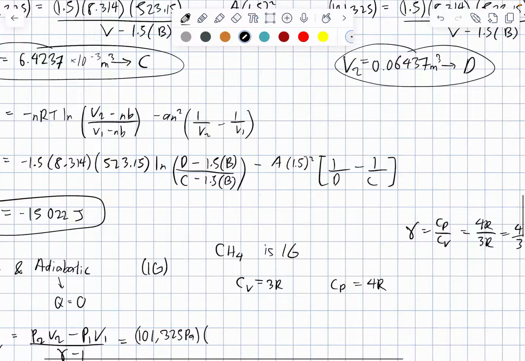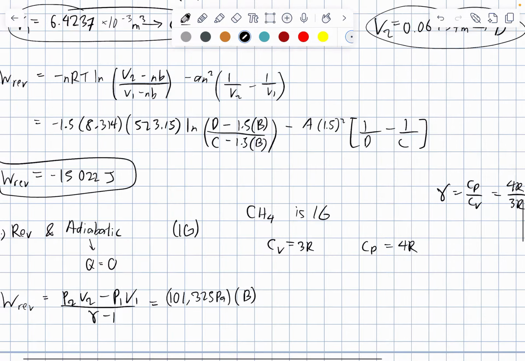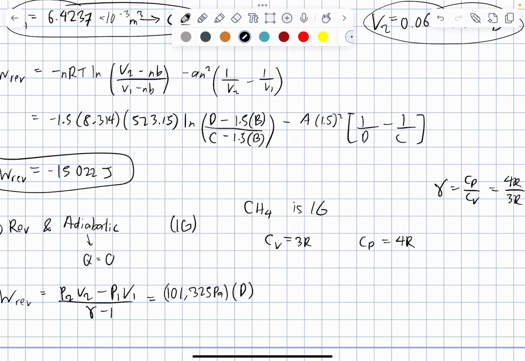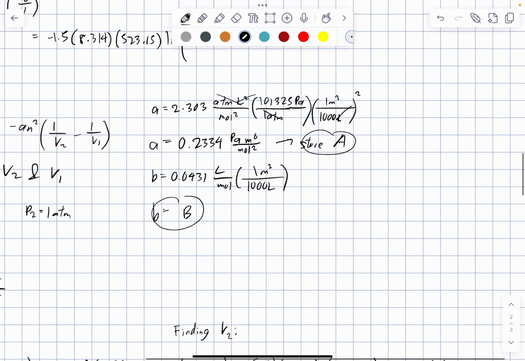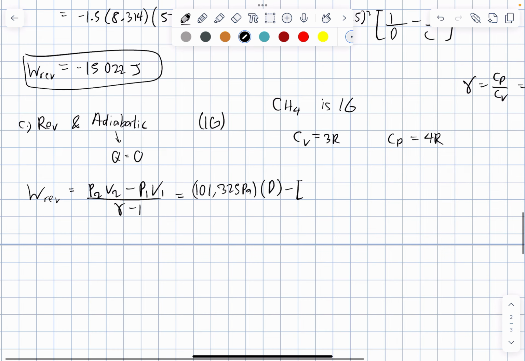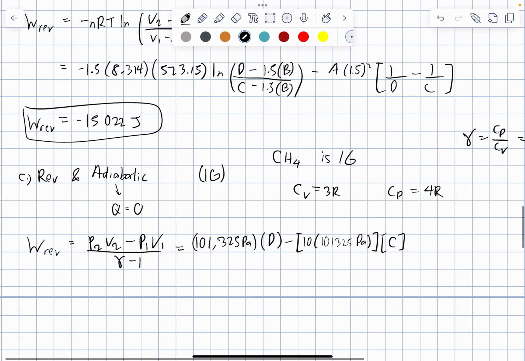What is our volume 2? It's in meter cube, no? Let's write it as D, stored value D. Minus P1. P1 is 10 atmosphere. 10 times 101,325 Pascal times V1, which is C, divided by gamma, which is 4 over 3, then minus 1.